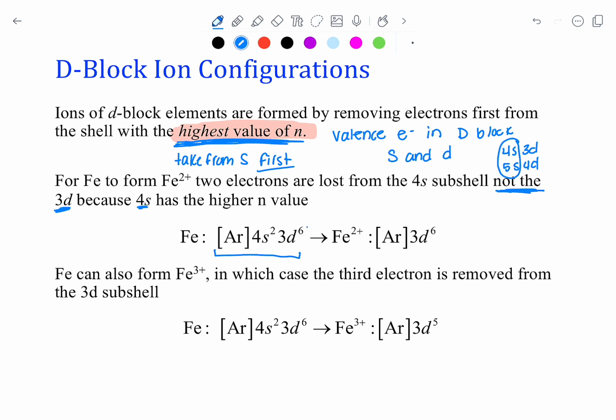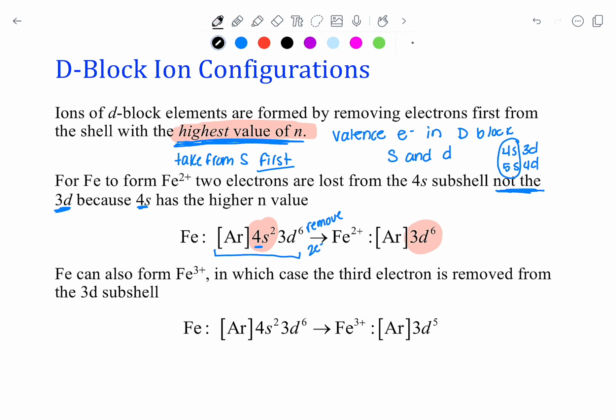When I remove my 2 electrons, those electrons are going to be removed from the 4s first because this is the highest n value. 4 is higher than 3. So our electron configuration for iron 2+ then becomes argon 3d6. Because 3 is lower in n, the electrons aren't taken from there.